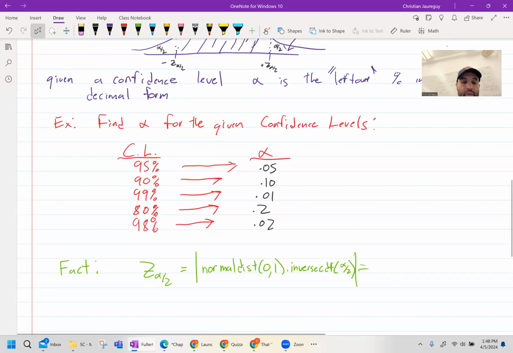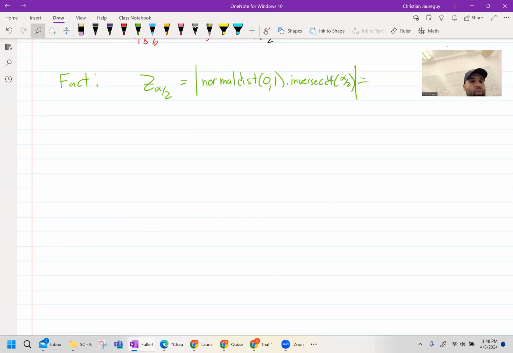But basically, we got the whole chapter done right now. Because now I know how to find a confidence interval. So here's this fact.